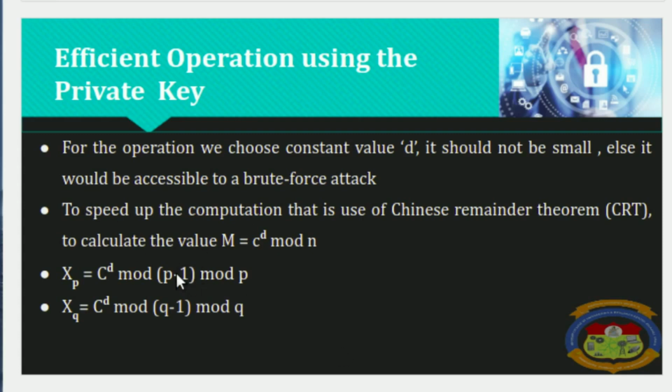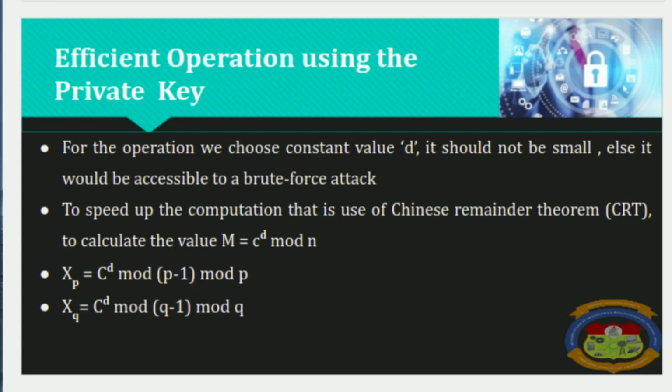Mod p minus 1 and q minus 1 can be calculated first when we check the end result. That result is 4 times faster than evaluating m, that is c to the power d mod n, directly. So by choosing the CRT for the private key, the efficiency of the algorithm can be improved.